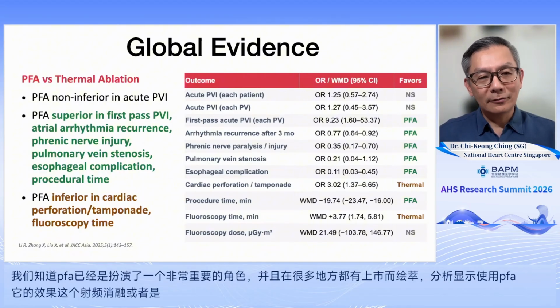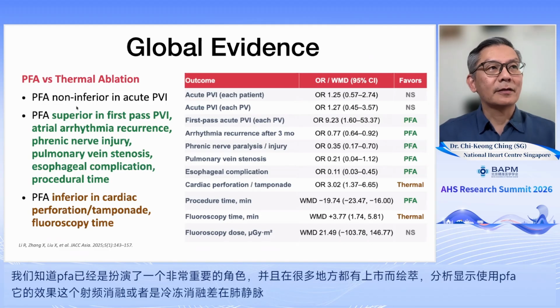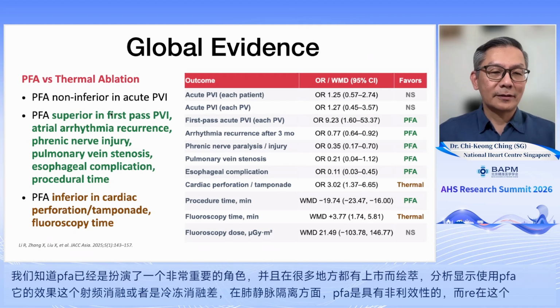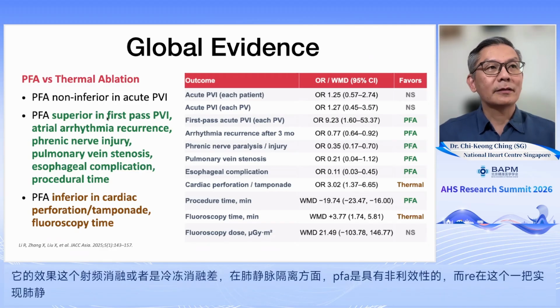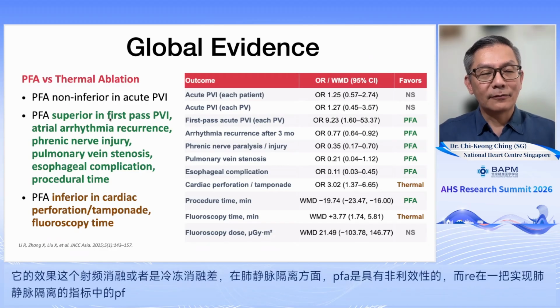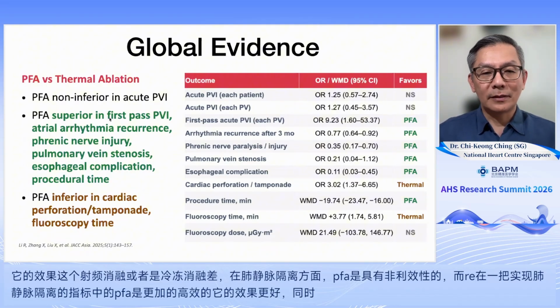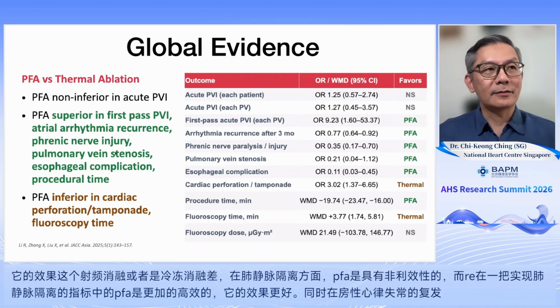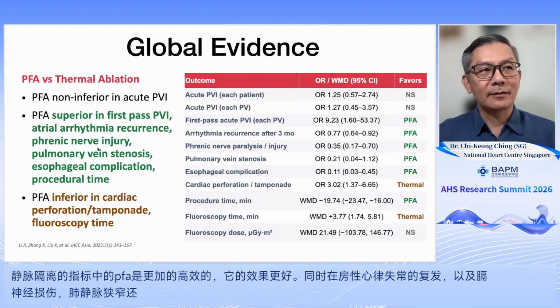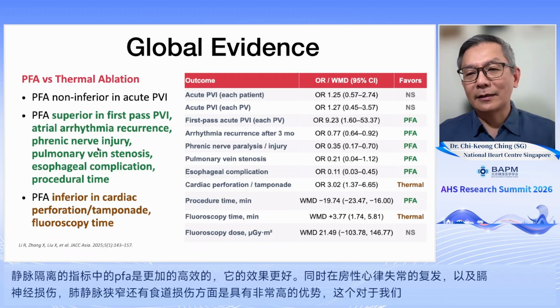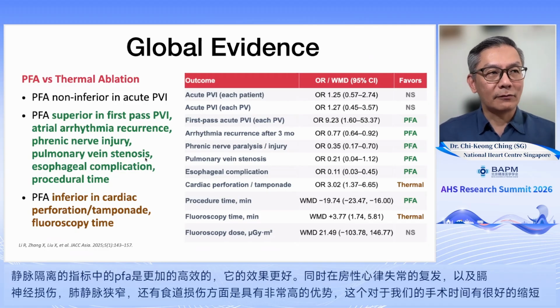It is reported that PFA is slightly superior in achieving first-pass pulmonary vein isolation, and arrhythmia recurrence is slightly lower. Phrenic nerve injury, pulmonary vein stenosis, or esophageal complication is almost non-existent compared to radiofrequency ablation. That has an impact on procedural time, shortening it significantly, especially if we use a single-shot device.